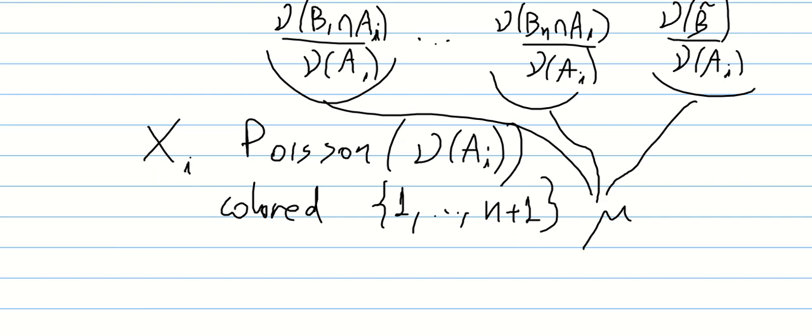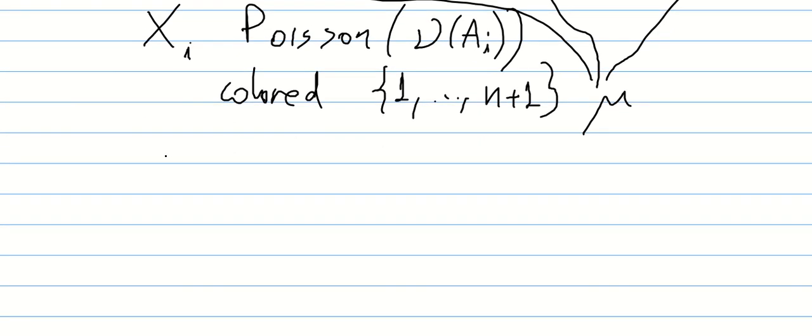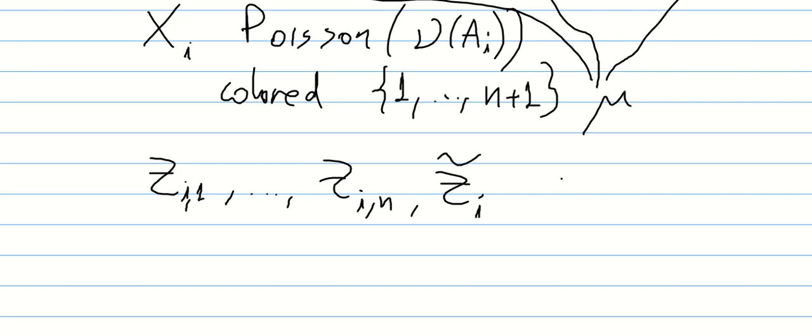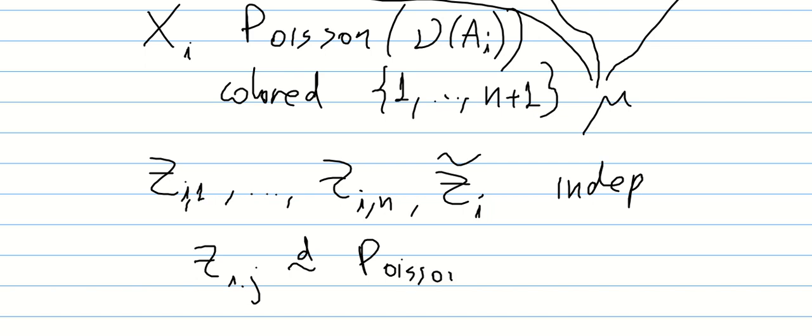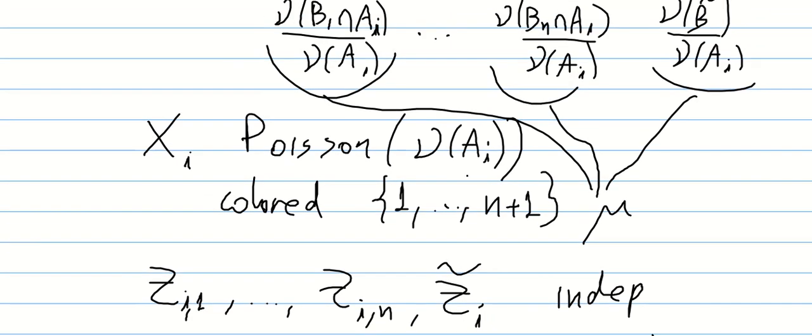What happens with a Poisson random variable is that for every point you select a color independently with a given distribution. It will give rise to Z_i1 up to Z_in and Z_i tilde, which are independent, and Z_ij has distribution Poisson of nu of A_i intersected with B_j. So that's what we obtain.